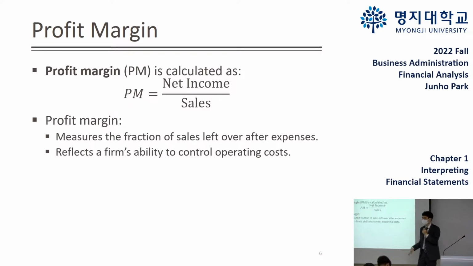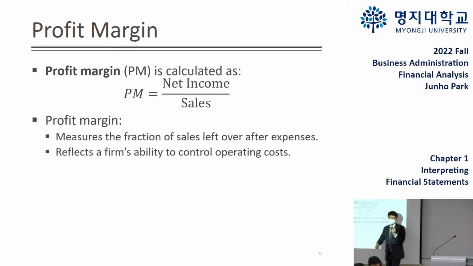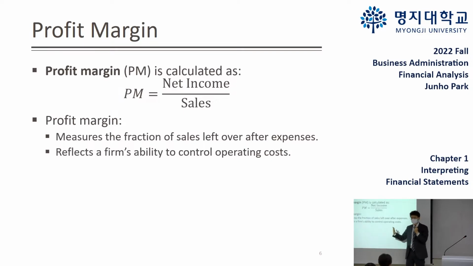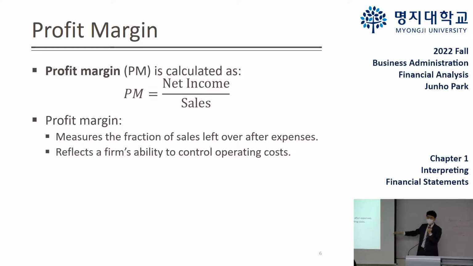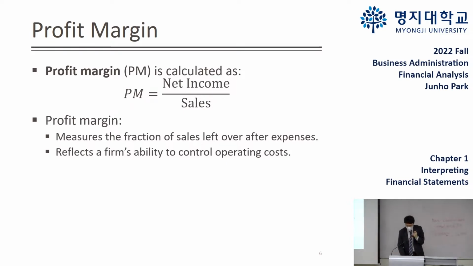On the other hand, if you do not need to pay those things, so your costs are very small, then net income will be enlarged so that your profit margin will be a higher number. So that's how it works. So it summarizes the income statements.